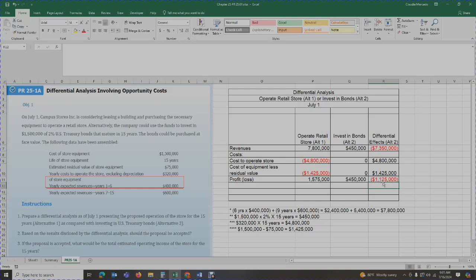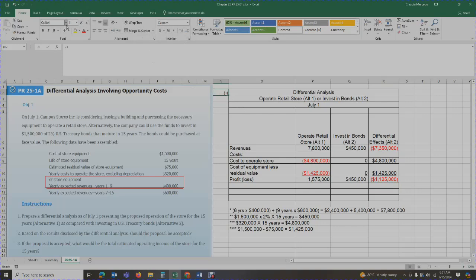So these are the calculations. We've got our revenues, our costs, and our profit for each of the alternatives. That is what the requirement asks of us: prepare a differential analysis presenting the proposal for alternative 1 and alternative 2. So that is requirement 1. Let me label it here. Requirement 1.